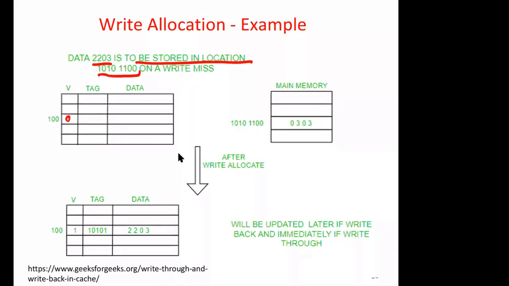So what is to be done is that we find where in main memory this data exists in this location. What we can do is that this is to be written, so we allocate this block, and then write this value 2203 here.